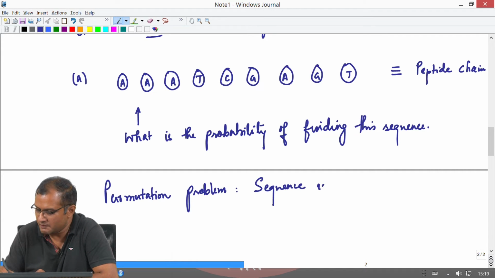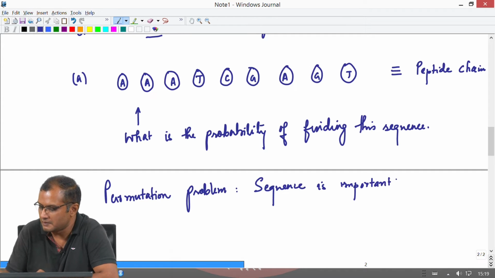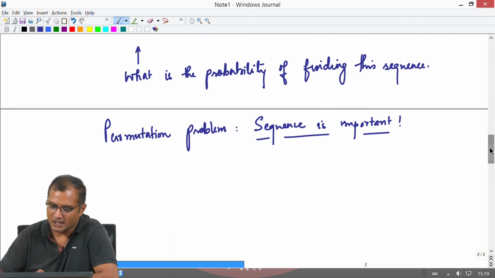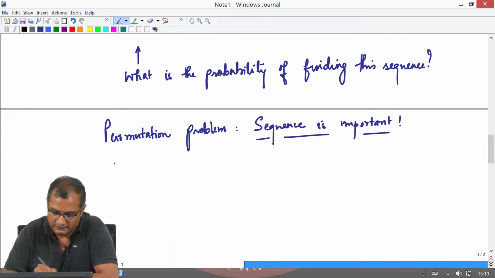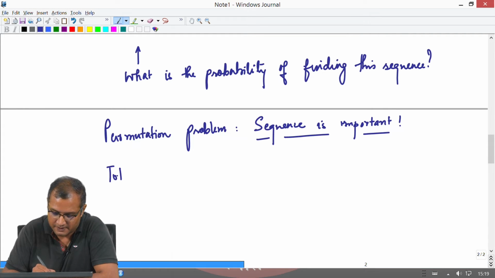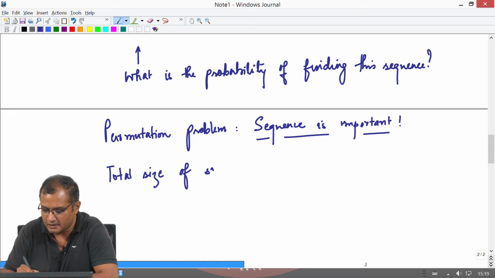So, sequence is important here. So, this is a permutation problem. And then to answer what is the probability of finding this sequence, I must first find out the total size of the sample space, which is the total number of sequences that are possible.